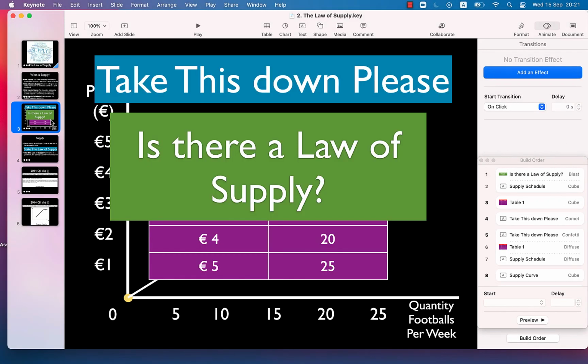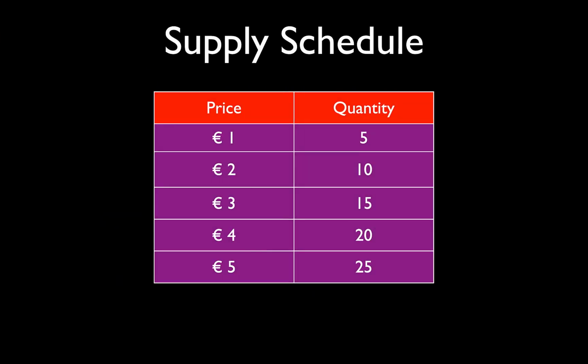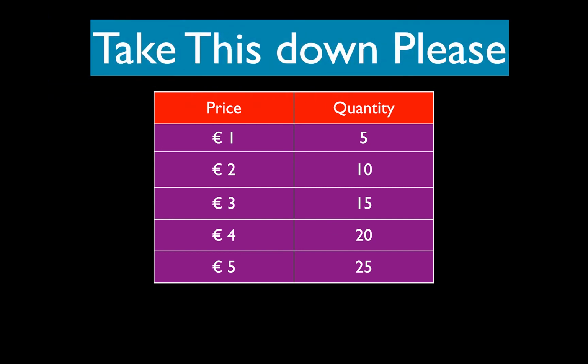Now, looking at this again, we're going to trace the law of supply. As the price increases, quantity supplied increases. As the price decreases, quantity supplied decreases. What that means is that when we're drawing this, it's an upward sloping line.